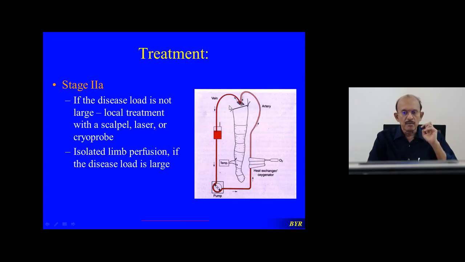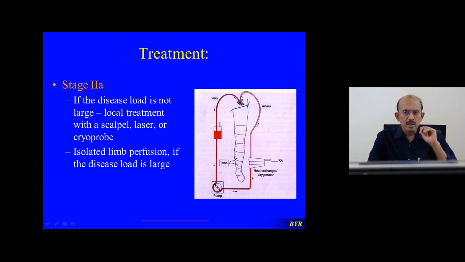So what will happen? This chemotherapy-mixed concentrated drug will be going into the femoral artery and getting infused over the whole of the limb. The tourniquet is applied here so that this chemotherapy drug will not flow back into the general circulation.